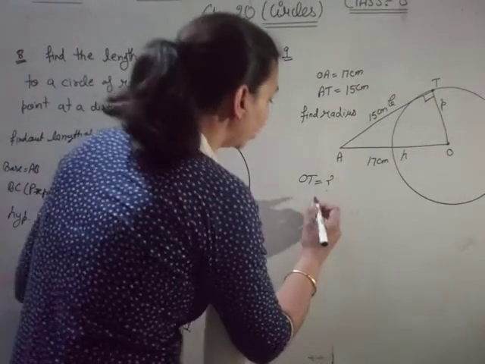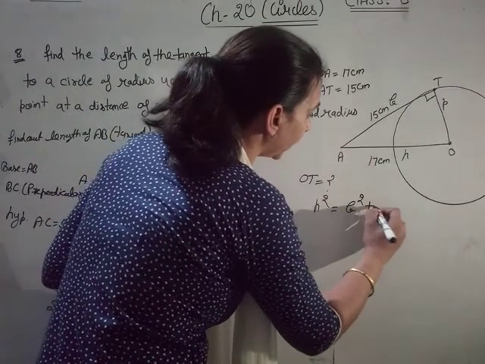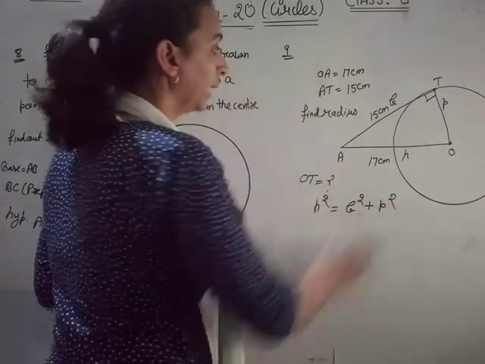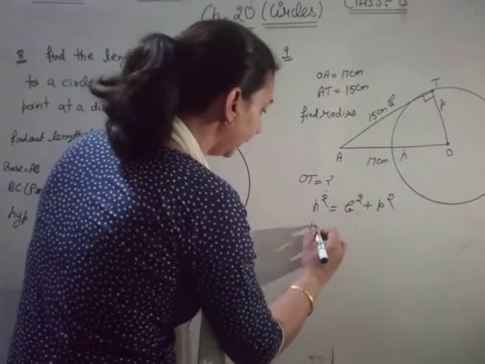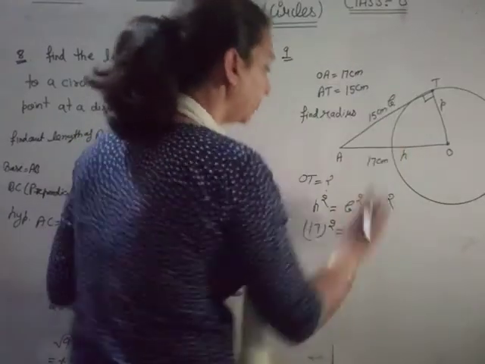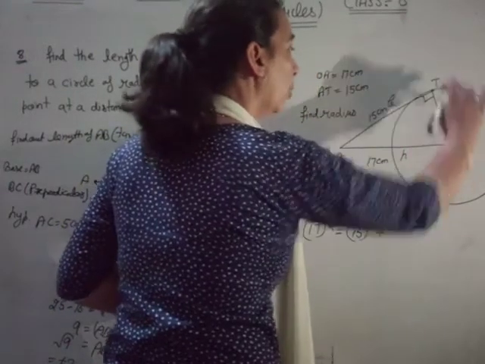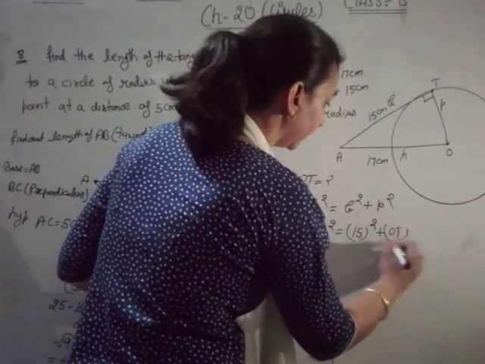Then according to Pythagoras, hypotenuse square equals base square plus perpendicular square. Then hypotenuse 17 square equals base 15 square plus perpendicular OT square.